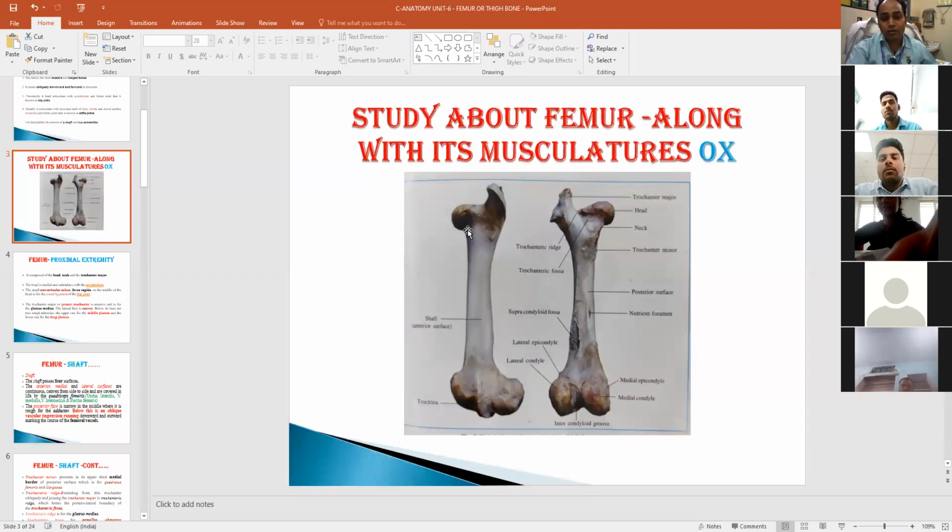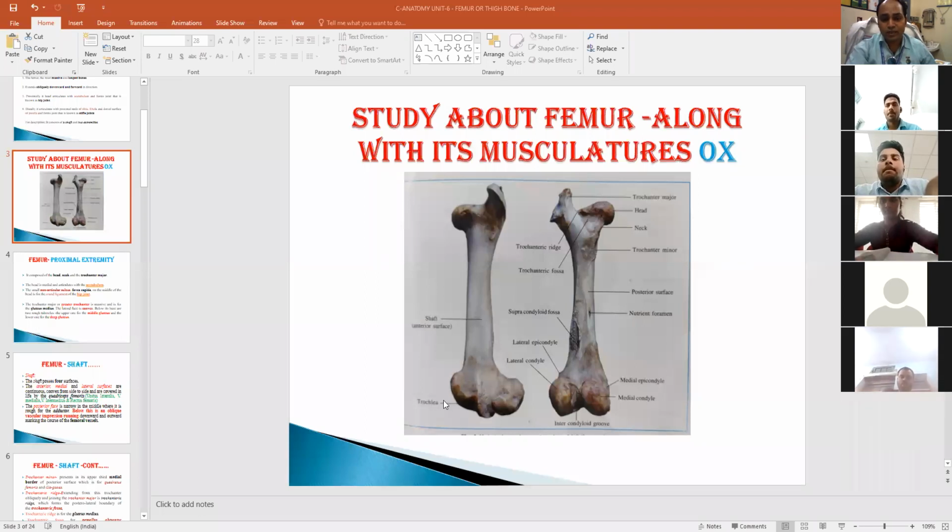For diagnosis or identification of the bone, the trochlea is always located anteriorly and the condyle is always located posteriorly, and the head is always toward the medial part. So this is the trochlea. If anybody asks you to explain the structures present on the distal extremity of the femur, you have to describe the structures point-wise.